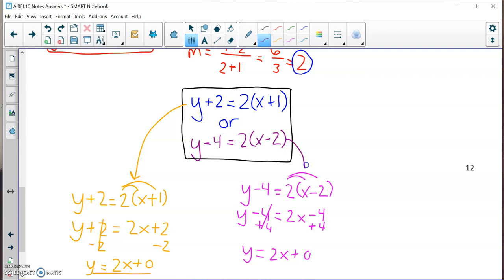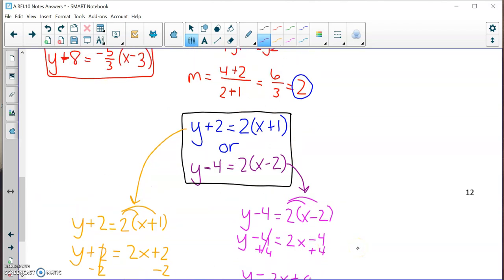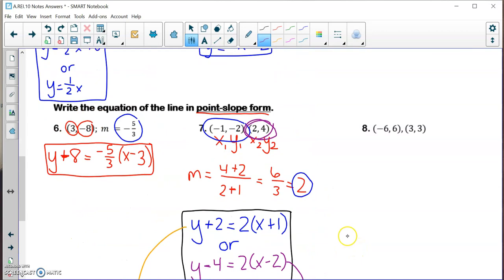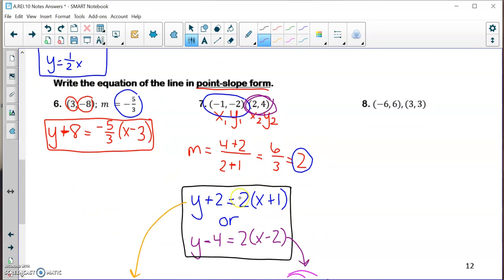The purple equation, which I wrote in pink, also came out to the equation y is equal to 2x plus 0. So actually, this purple and blue equation are the same equation, but in disguise. They look different, but they come out to be the same. I just wanted to show you that even though they look different, they are technically the same.